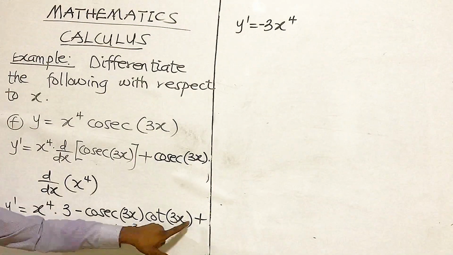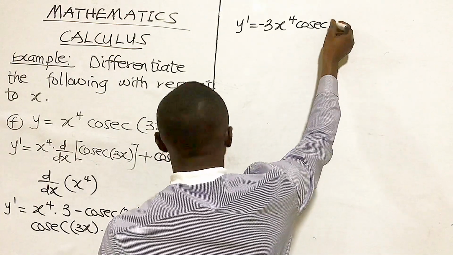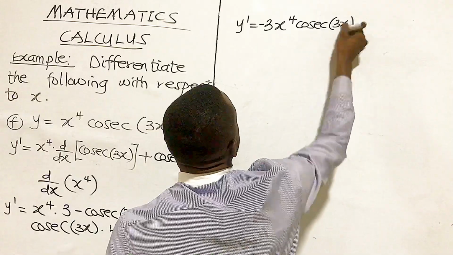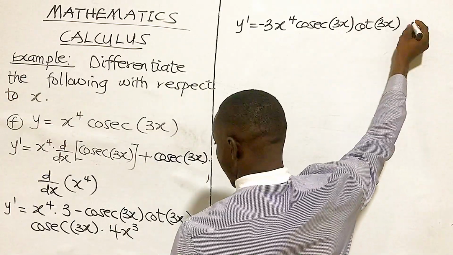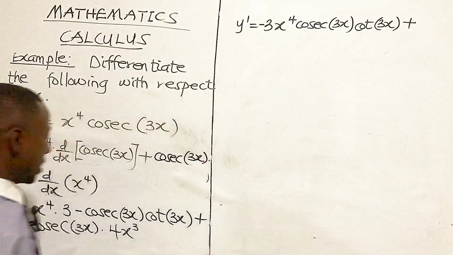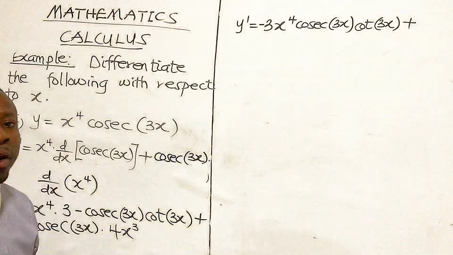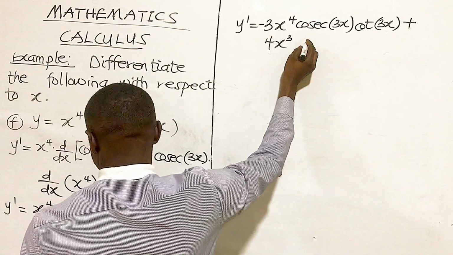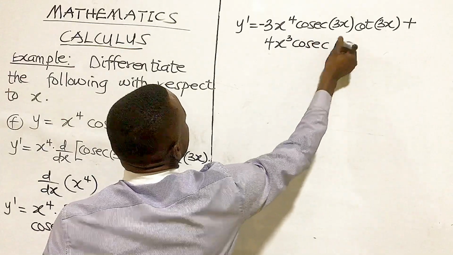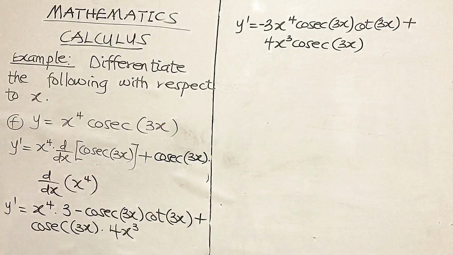Then I'll repeat the whole of this, which is cosec of 3x cot of 3x, plus, and here the whole of this is also multiplying the 4x cube. So we have 4x cube cosec of 3x. And this will be the final answer for this question.